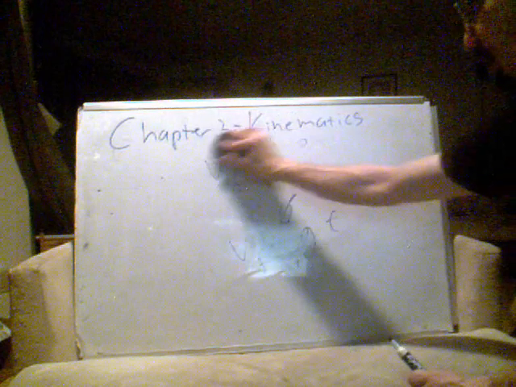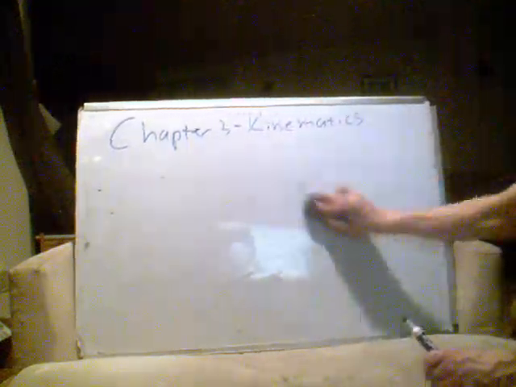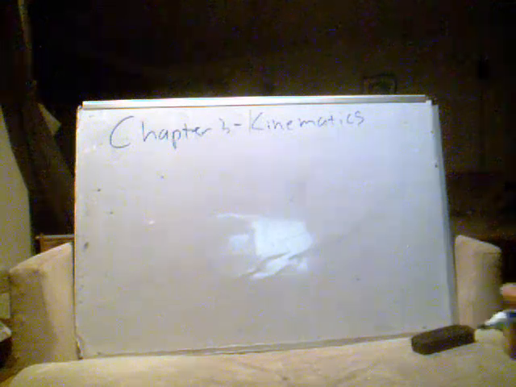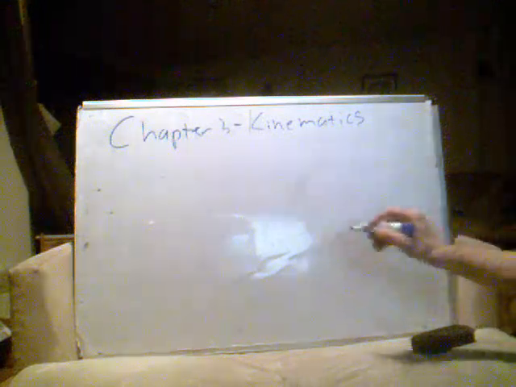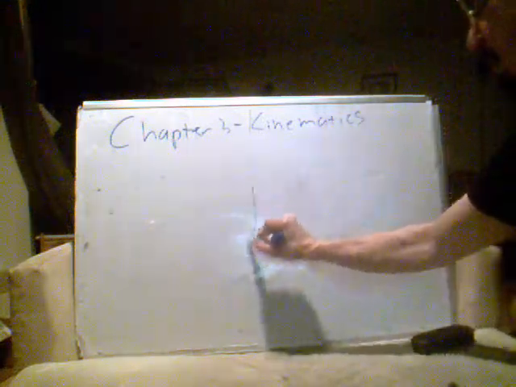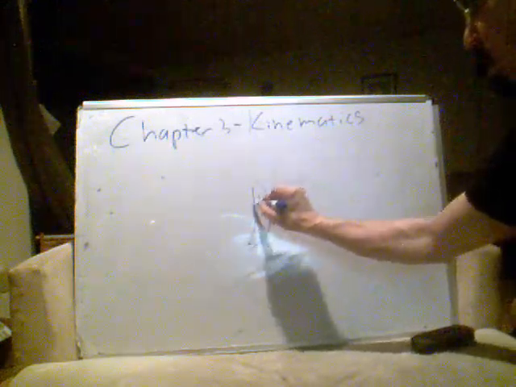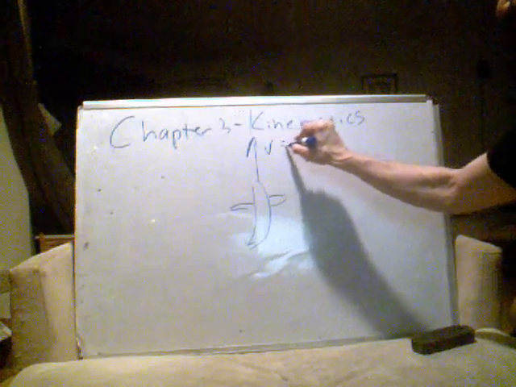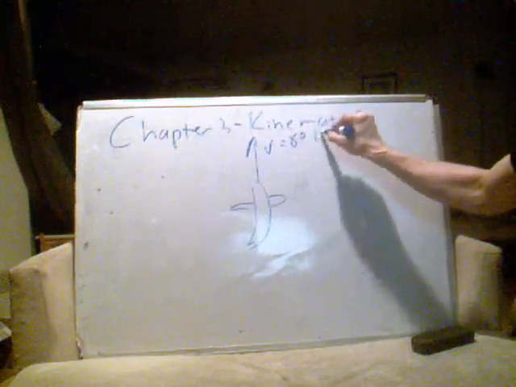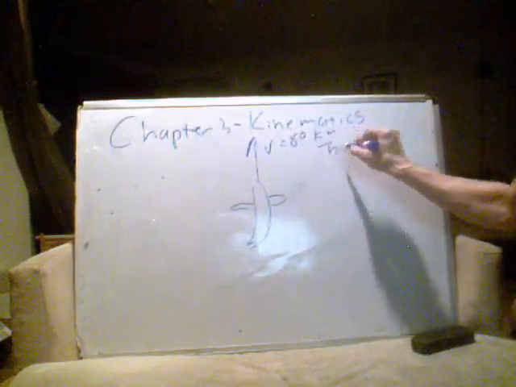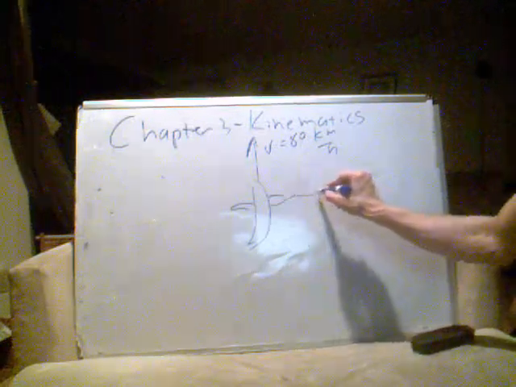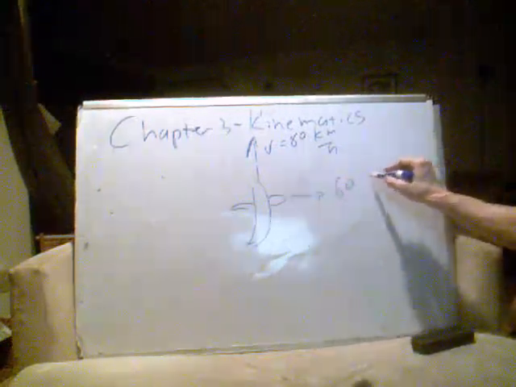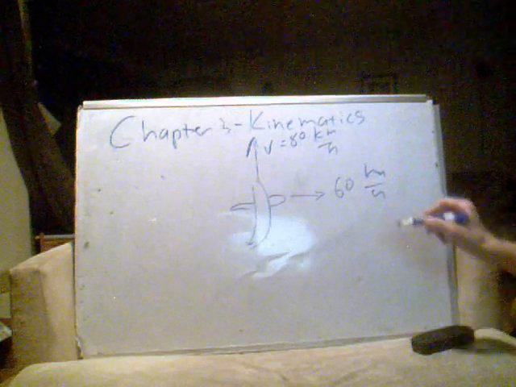Okay, quick check for understanding. If you have an airplane, here's my awesome drawing of an airplane, okay? This airplane is moving at a velocity of 80 kilometers per hour, and it encounters a crosswind of 60 kilometers per hour.